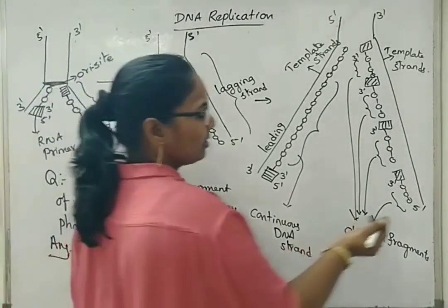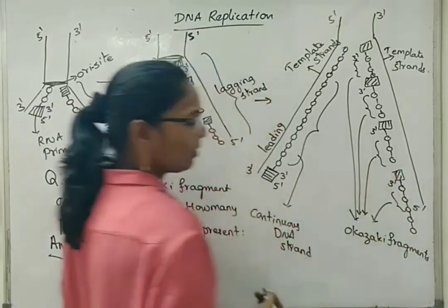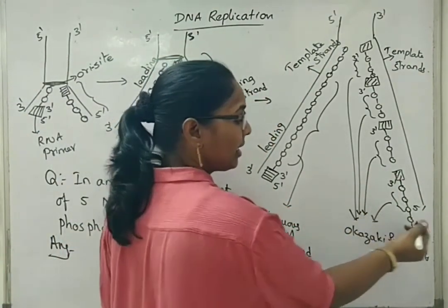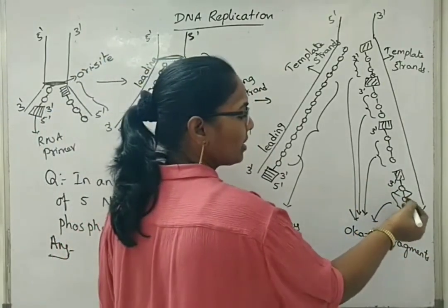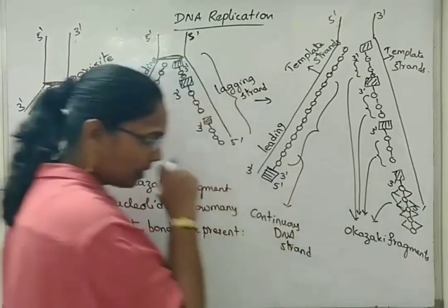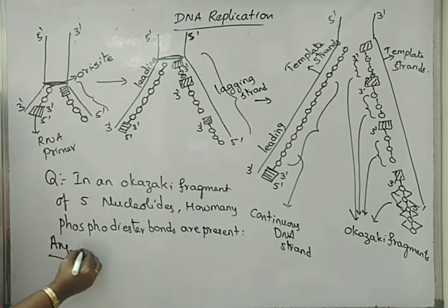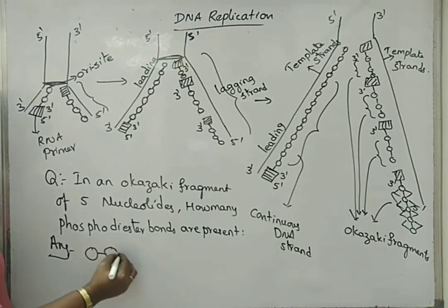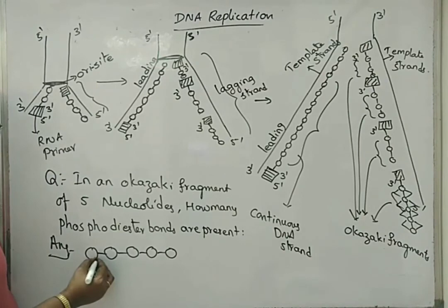Suppose this end is having 5 nucleotides. 2 nucleotides side by side are attached by phosphodiester bonds. So how many will be there? On one side 4, other side 4. Just decrease the number to 1. So if this is one nucleotide, other nucleotide, other nucleotide, other nucleotide. If a nucleotide has to be attached on its one side, 5 prime end, we know that 2 DNA strands are running oppositely to each other.